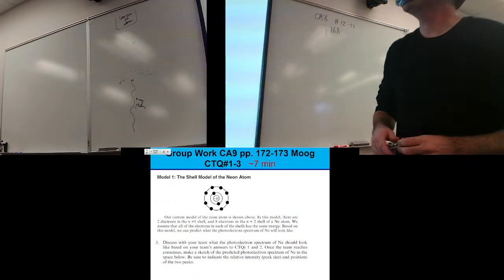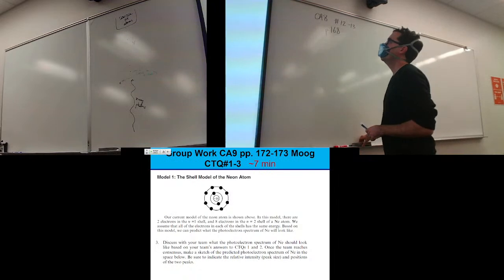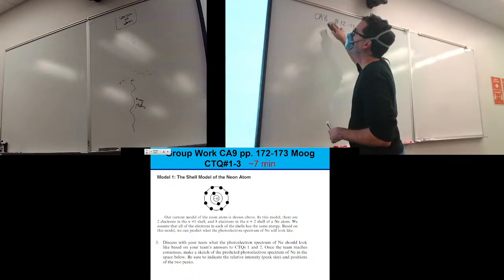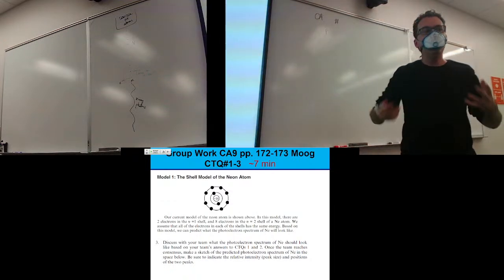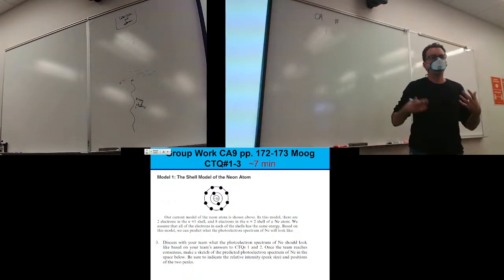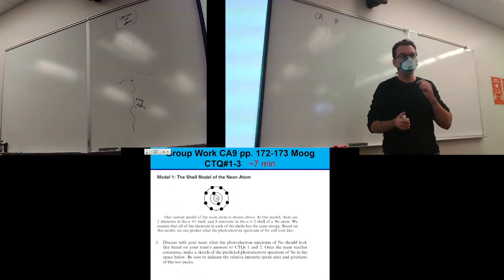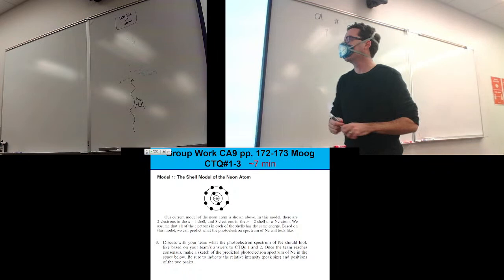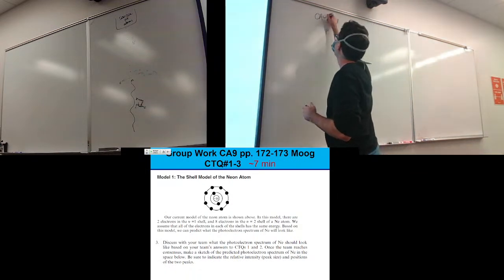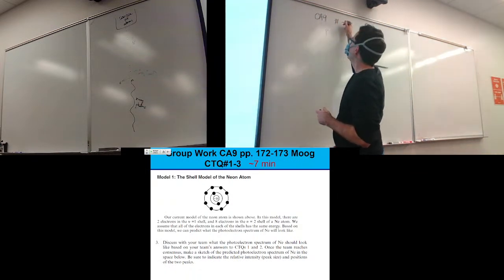Let's answer questions 1 through 3 on page 172. And the next activity, basically, in the end, you're going to predict what the photoelectron spectra looks like, for what you think it should look like based on what we know so far. Okay? 1 through 3.